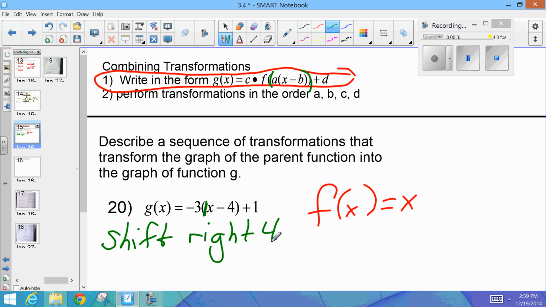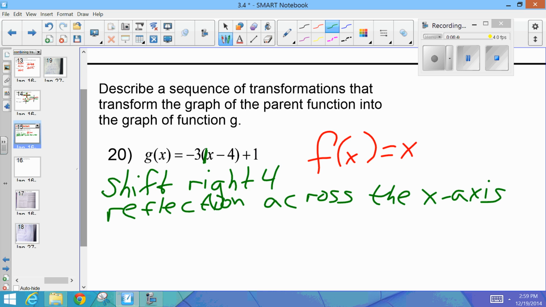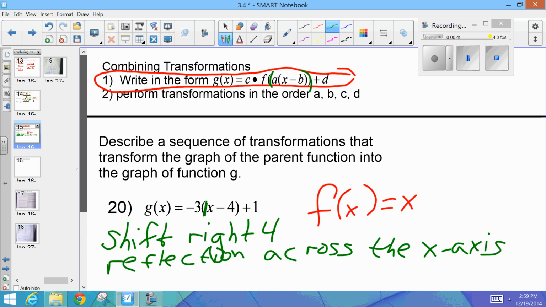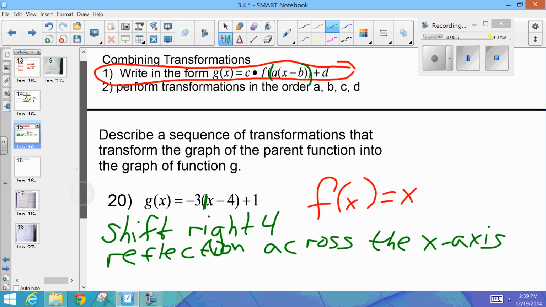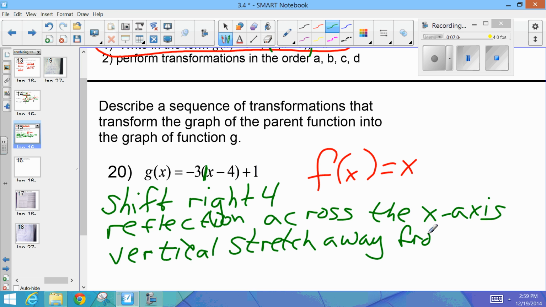C is a reflection across the x-axis. Okay, and since the absolute value of -3 is greater than 1, it is a vertical stretch away from the x-axis.